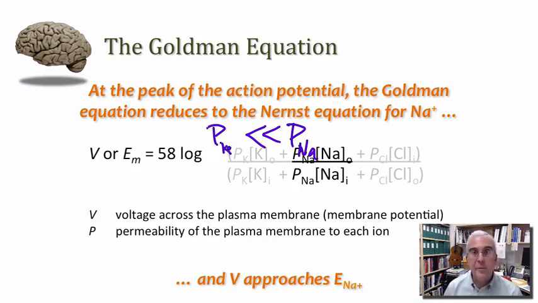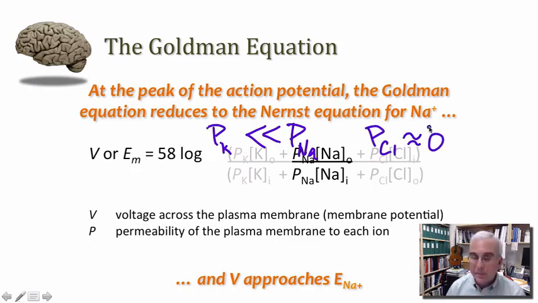Now, we've not talked much about chloride, and that's because for all practical purposes in this consideration, the permeability for chloride is very close to zero. And what permeability there is, chloride will simply follow the movement of these positively charged ions. So we can essentially take chloride out of the consideration.